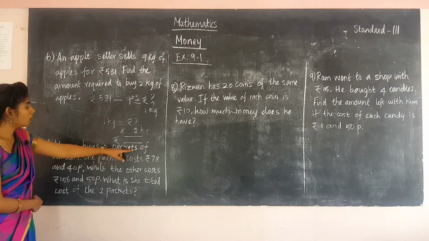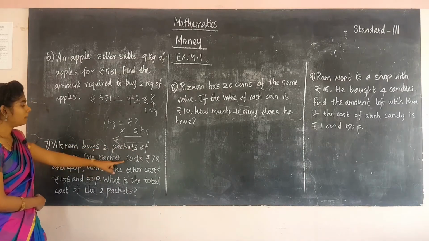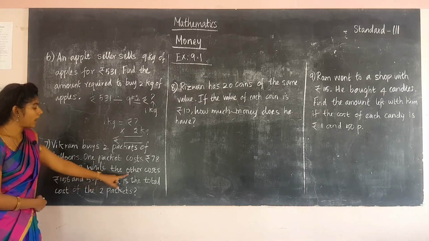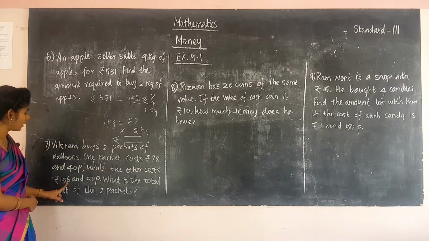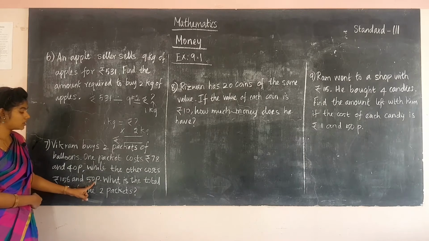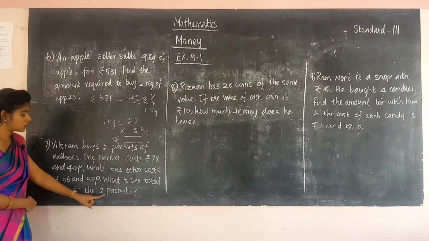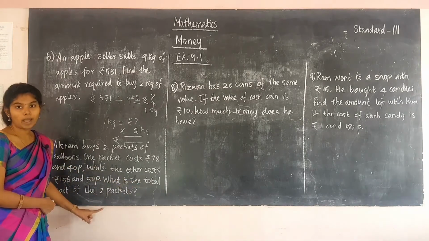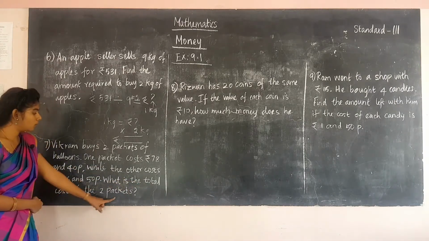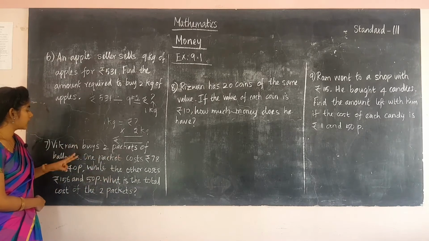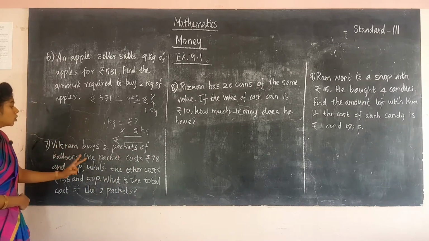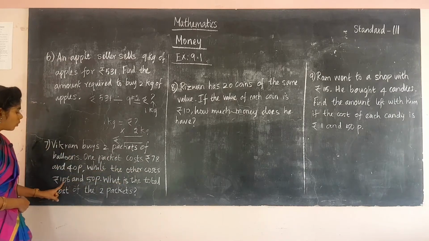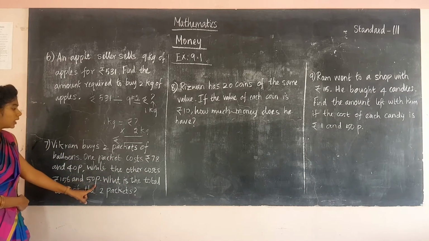Bikram buys 2 packets of balloons. One packet costs rupees 78 and 40 paise, while the other costs rupees 156 and 50 paise. What is the total cost of the 2 packets? Here they have asked for the total cost of 2 packets. So one packet rate is 78 rupees 40 paise and the other one is 156 rupees and 50 paise.